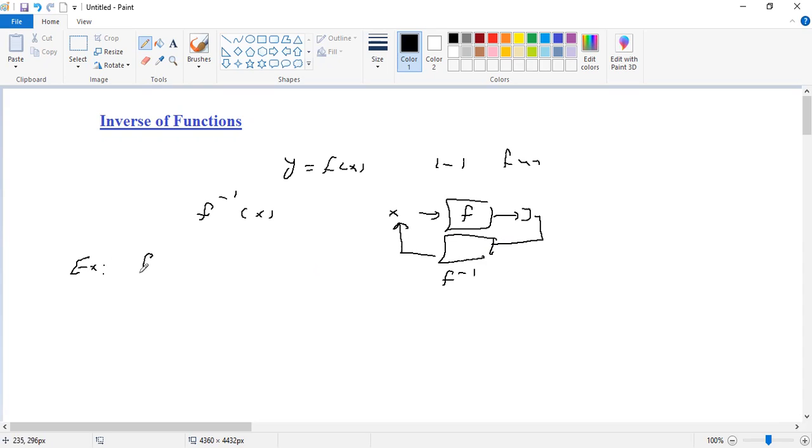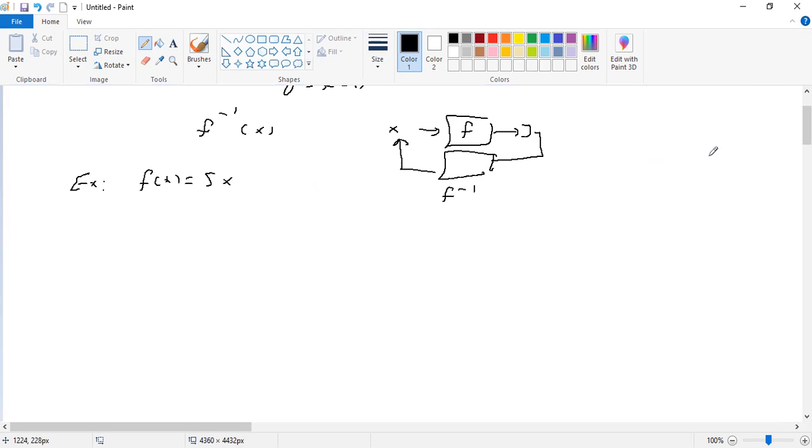Example, if we have f of x equal to 5x, how do we find the inverse of this one? I have y equals 5x. I want to find f inverse of x. Now write x in terms of y.